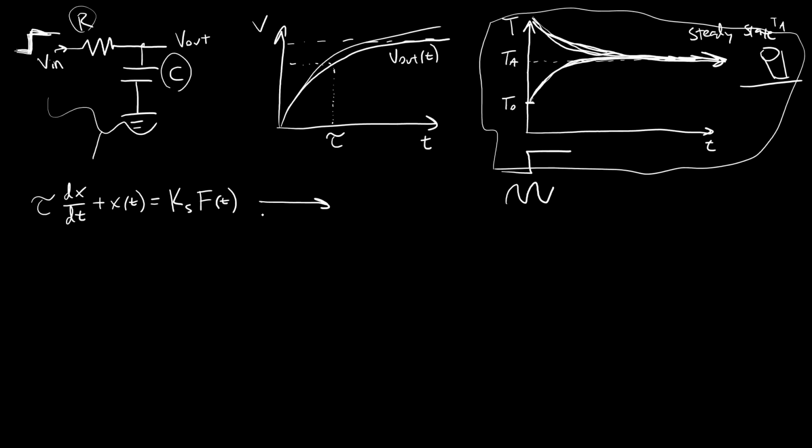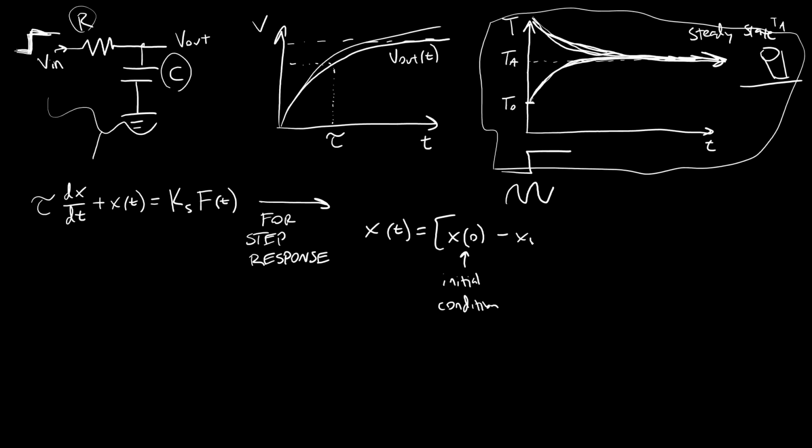For the specific case of the step response that I mentioned earlier, where this forcing function is 0, and then goes up to a constant, I know that the time domain solution to this differential equation is x of t equals x of 0, which is the initial condition, minus x of infinity, which is the final or steady state condition that we talked about in that graph earlier, times e to the negative t over tau, plus x of infinity. Again, that's the final or steady state condition.